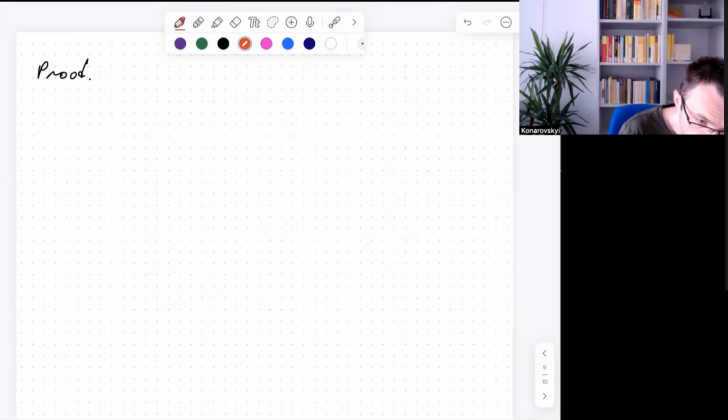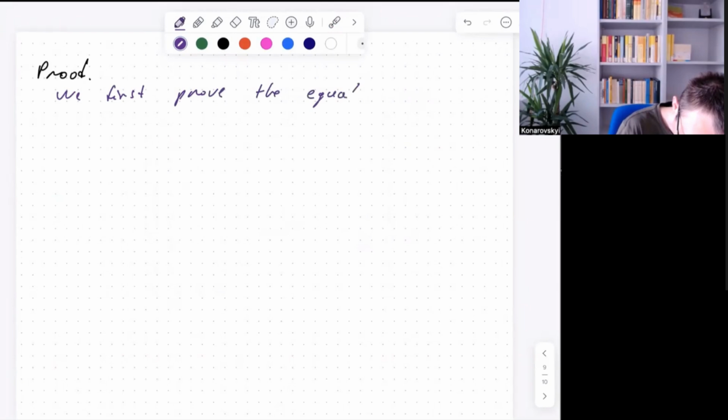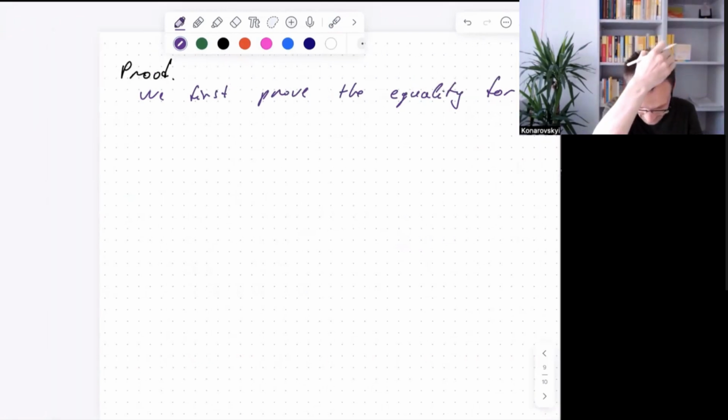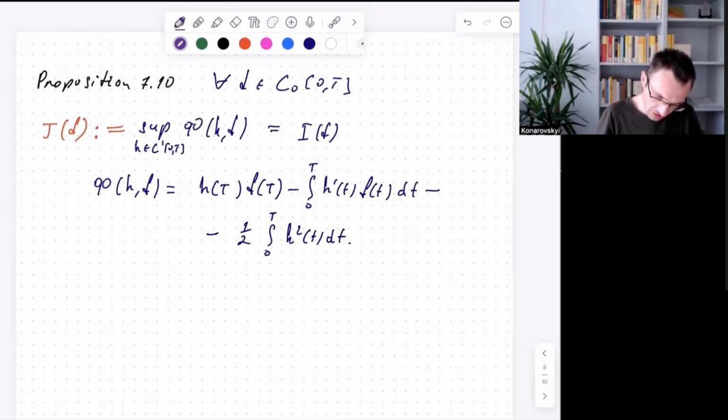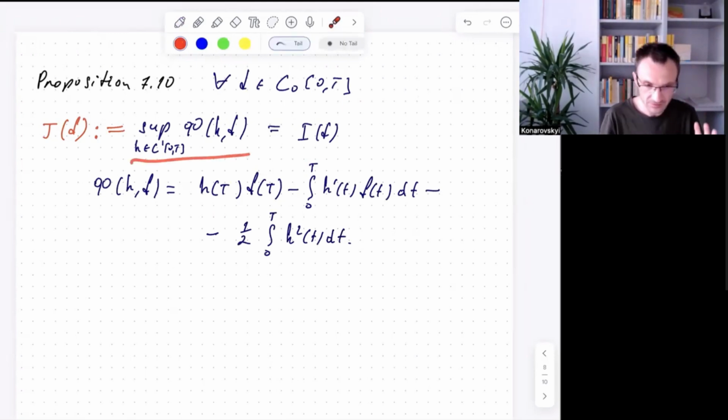We first prove the equality for the case when this supremum is finite, J of f is finite. So let's assume that f is a continuous function started from 0, such that this supremum is finite.